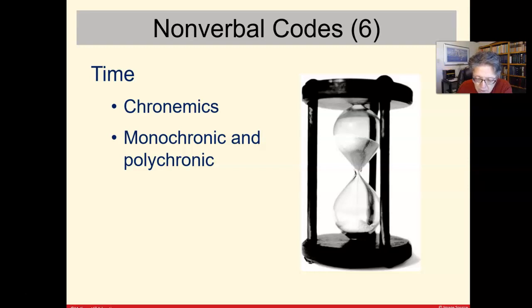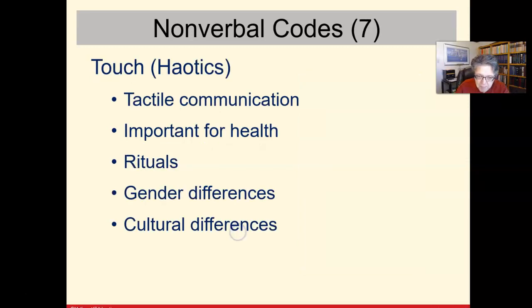And polychronic is where you can do many things at the same time. So we talk about people who are multitaskers, may be more polychronic, or may see time not quite in the same structure and tightness that we sometimes do in American culture, but very loose. For the rest of us, there is monochronic time, which is very set and paced and very isolated in how we see time.